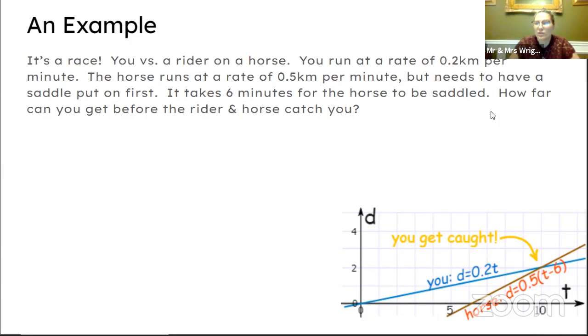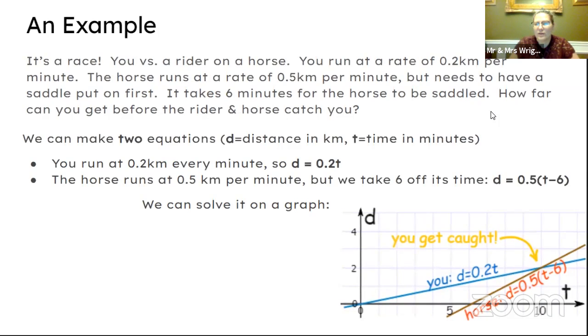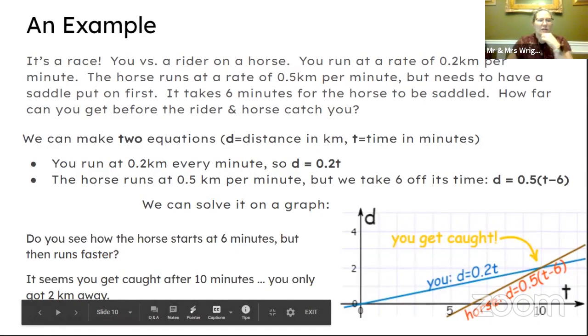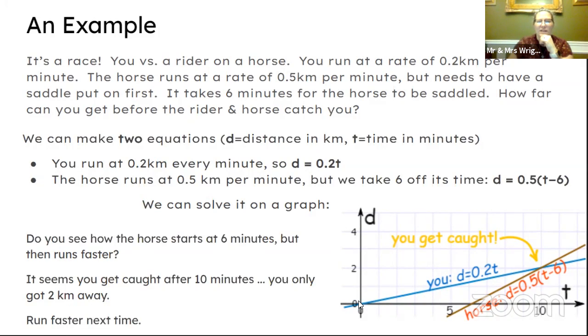So it seems as if you got a head start here, but you still got caught right here where the lines intersect. And then, oops, let me move this out of the way. You got caught at 10 minutes and you only got 2 kilometers away. And it says, run faster next time.